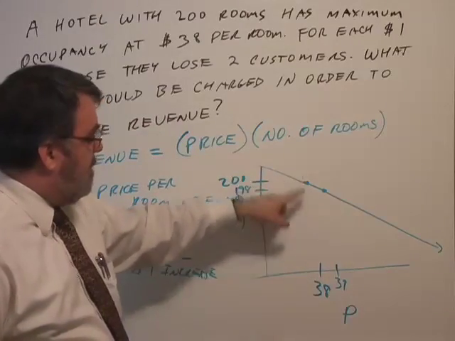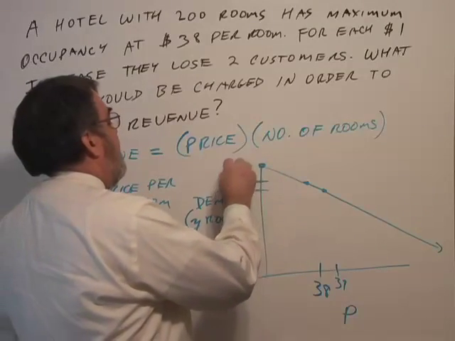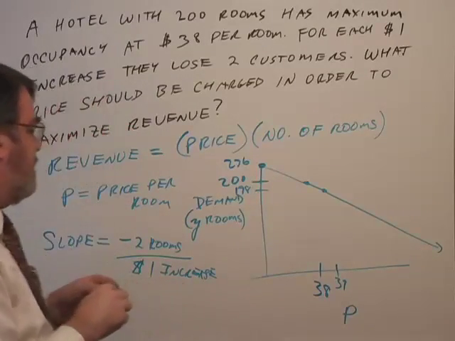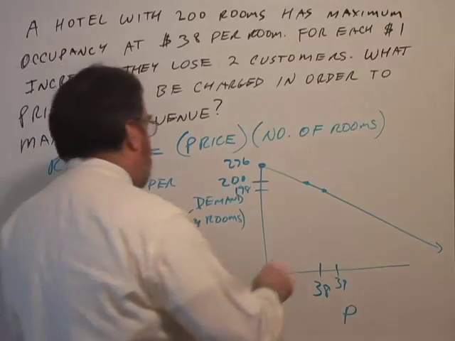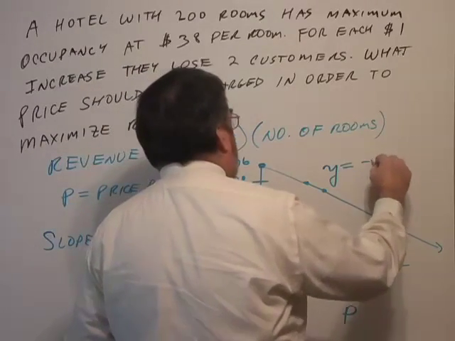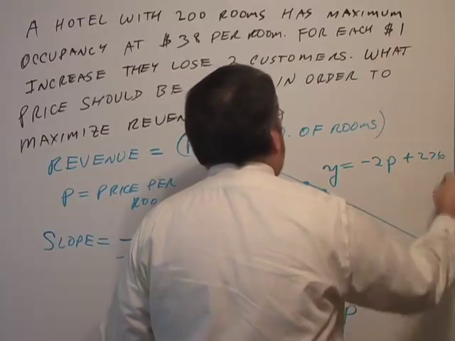So that would add 2 times 38, which is 76. So my y-intercept would be 276. Alright, so I'm going to write the equation. Y is going to be minus 2p plus 276.